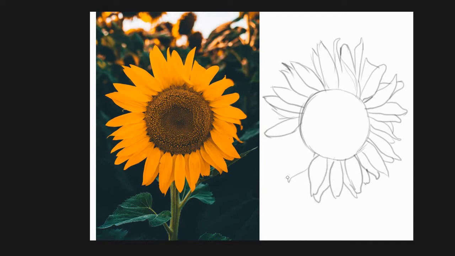For me, a reference is there to give you that randomness that you may not be able to come up with yourself, because sometimes when you draw something repeatedly, you tend to create patterns. So having a picture of the real thing can help you achieve that sort of random organic look.